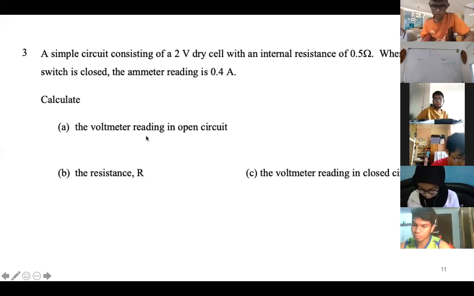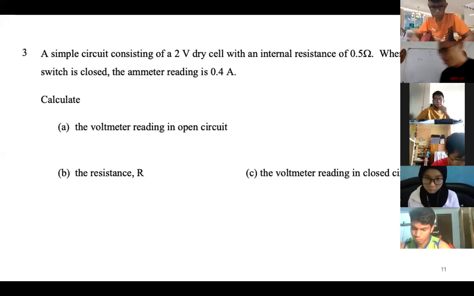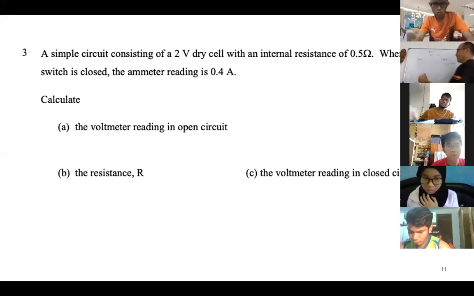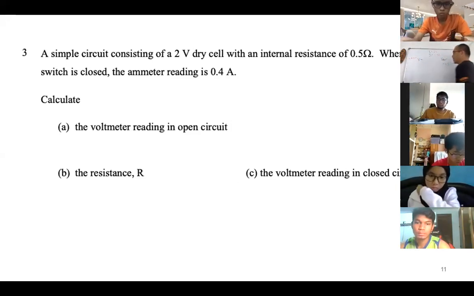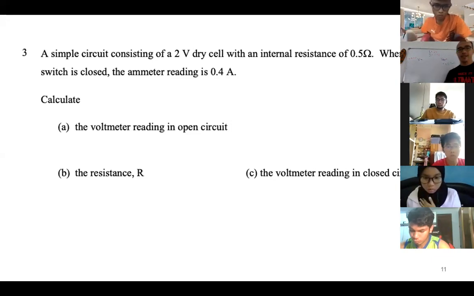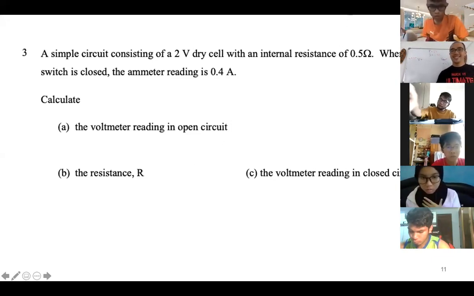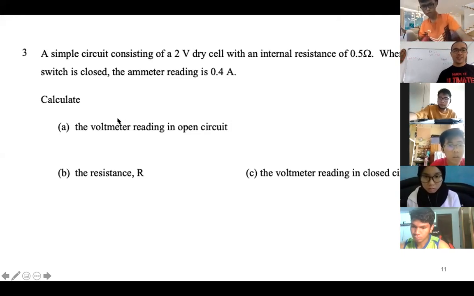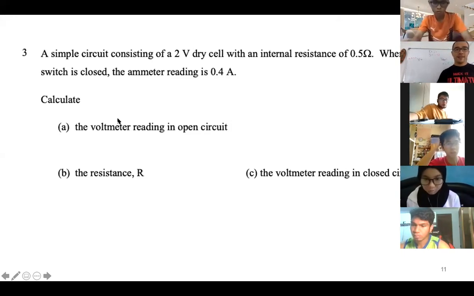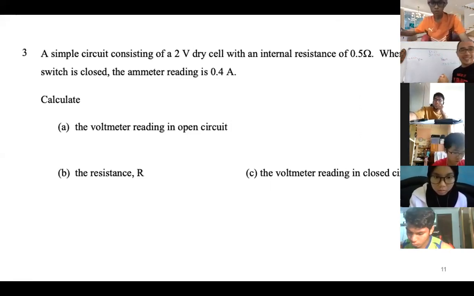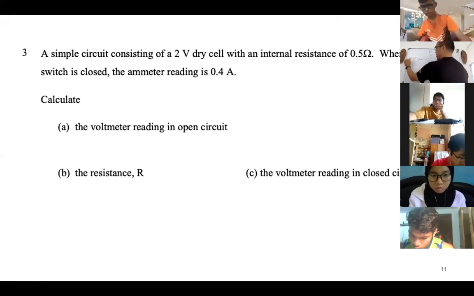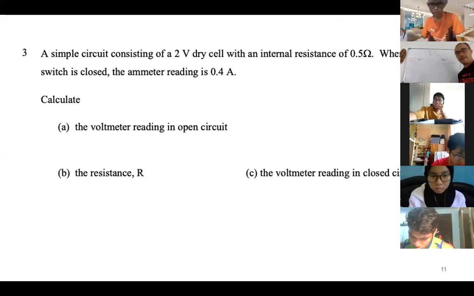Big resistance 4.5. Sure or not? I'm just going to put this up here as some of your answers. Oh dear. Not sure. Some people got 5. Okay, some people got 5. Don't worry, we'll verify this in a while.